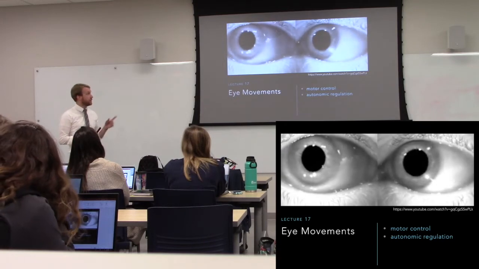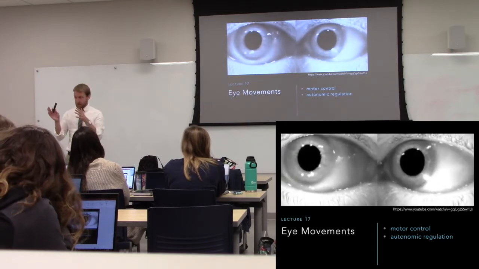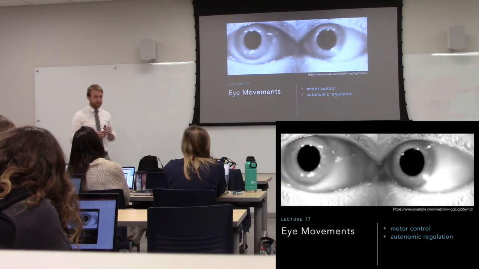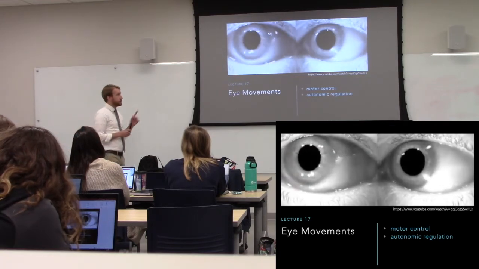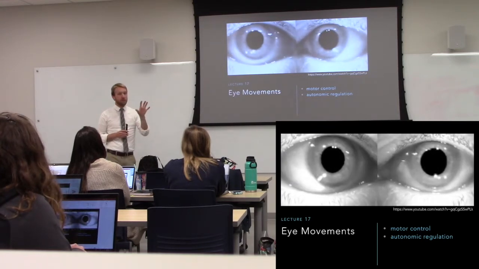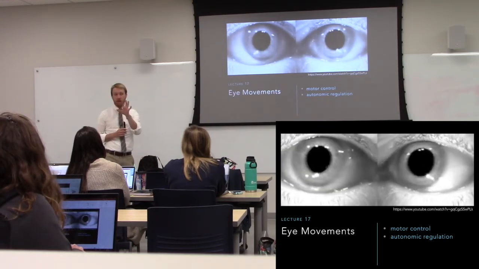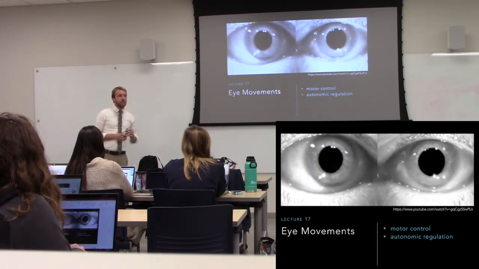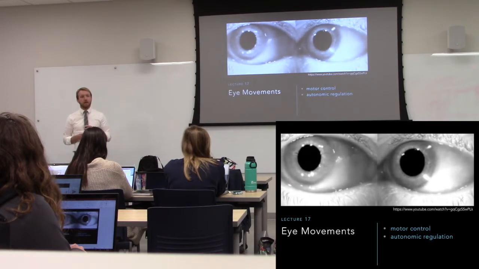The saccades would be the fast, ballistic movements of the eye from one location to the other rapidly. And the smooth pursuit would be that smooth, graded movement from left to right or up to down. Smooth pursuit is only going to be initiated whenever we're tracking an object.